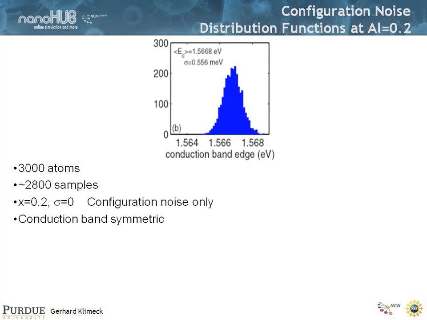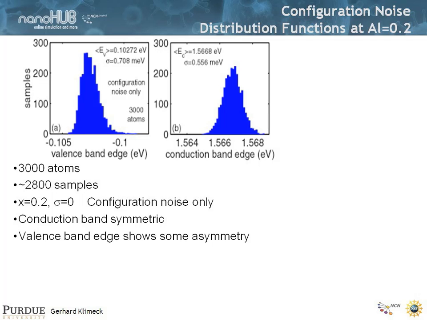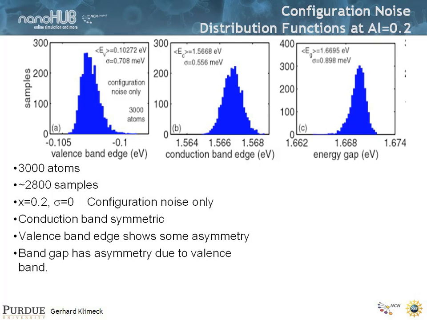For each sample, we bin them up and get a histogram and find a nice band gap of roughly 0.56. And it looks symmetric in the conduction band. The valence band has a slight slant to it, and it's not perfectly symmetric. And if I now look at the difference for each sample in the conduction and the valence band, and here I have a gap. So here I have a statistical fluctuation around the gap.